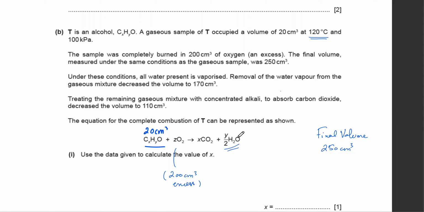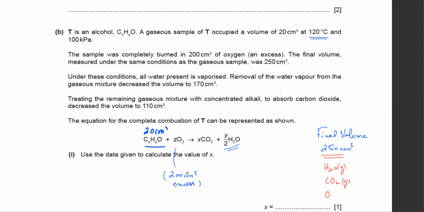Gas. It's 120, so it's going to be a gas. So the final volume of the gaseous sample is definitely going to contain water vapor. You have to be very careful with the temperature. Carbon dioxide would be produced, so it's going to have carbon dioxide in it. And it's going to have oxygen as well, the leftover oxygen.